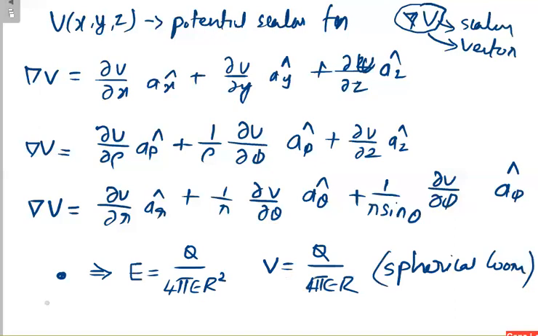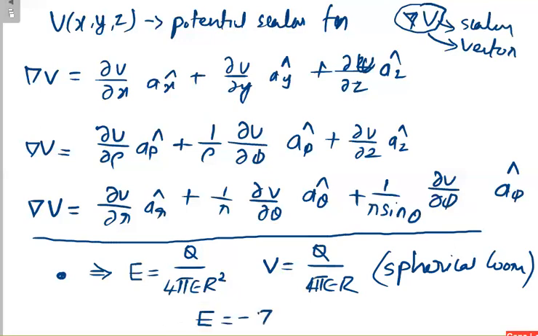Okay, you do one thing. Here the formula is available for the spherical coordinate system. The del v formula is available. Anyway, v is available, and you know one relation of how del v and E are related: E is equal to minus del v. Now I have given you how to calculate del v here. You know what v is.